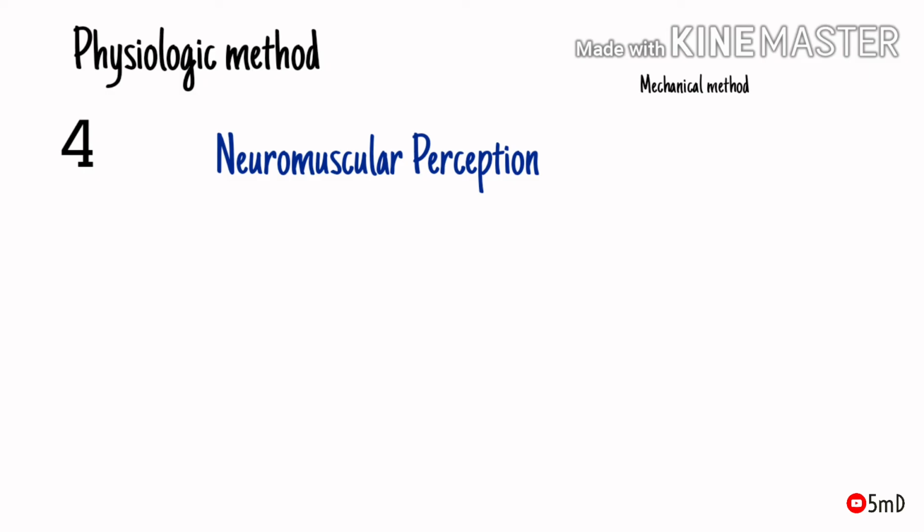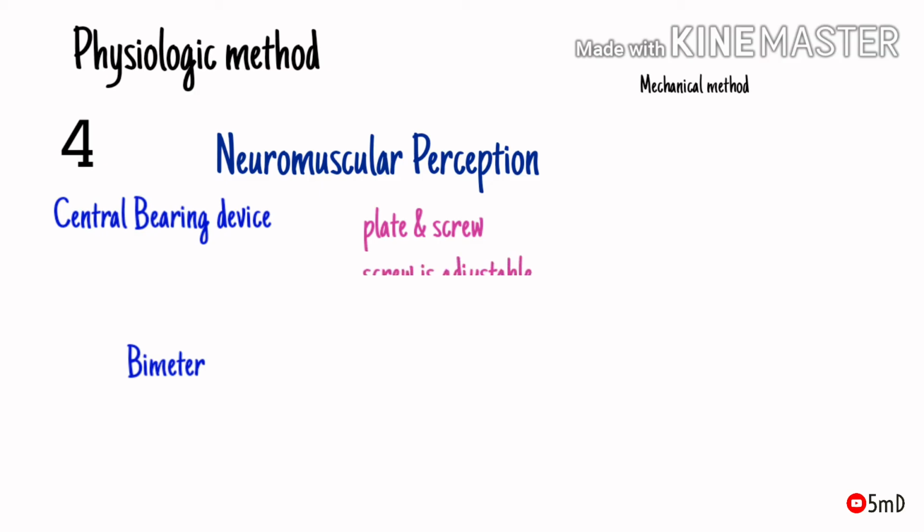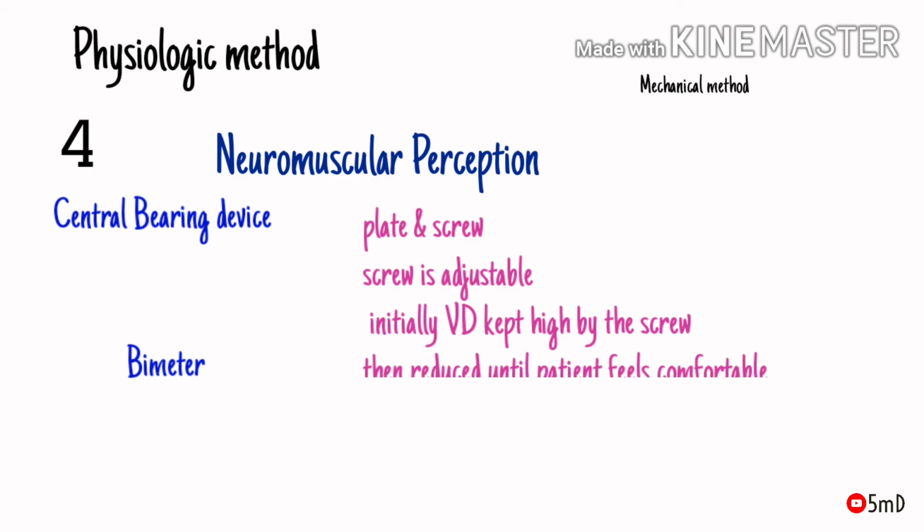In the first method, we use a device called the central bearing device, which consists of a central bearing screw and a central bearing plate. The screw is adjustable. Initially, the screw is placed such that the vertical dimension is increased, and it is gradually adjusted such that the vertical dimension is reduced till the patient feels overclosing or comfortable.